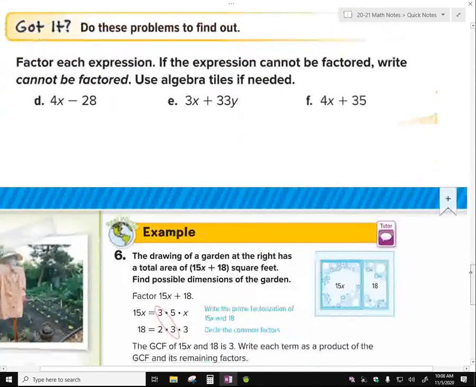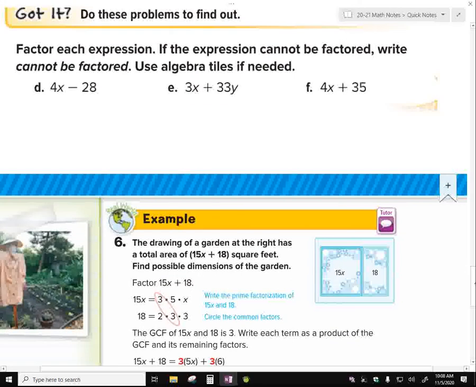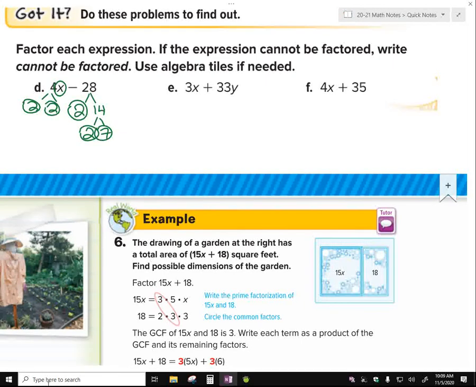So now we're going to factor each expression. So we have to do the factorization of each monomial. This is just going to be 2 times 2. Keep that x. For 28, there are multiple ways that you could do this. You could do 2 times 14 if you wanted to. Then again, I'm going to list them stacked on top of each other. 4x is 2 times 2 times x. 28 is 2 times 2 times 7.